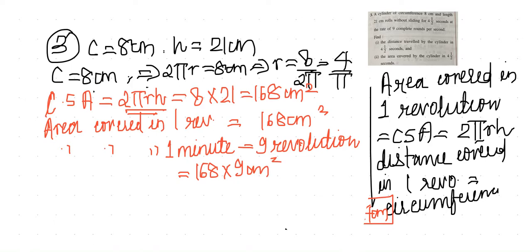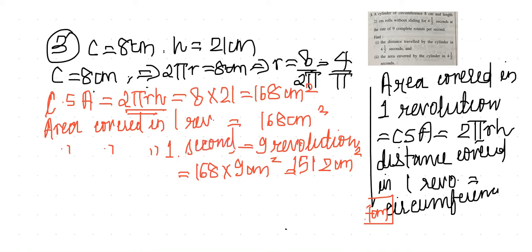So how much is this equal to, children? This is 1512 centimeter square, the area that is covered in 1, not minute, children, sorry, it has been given as second. So I'll just erase this. This is second.